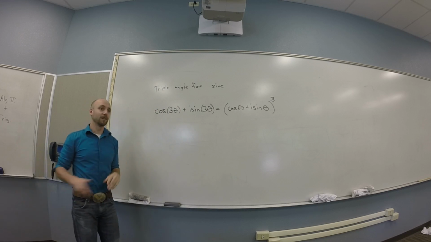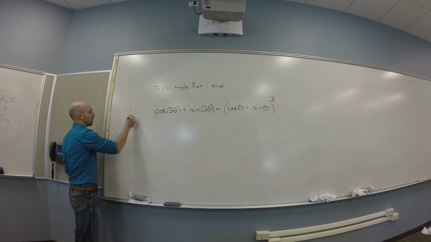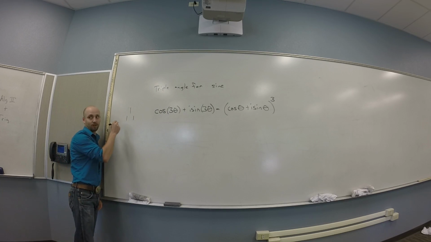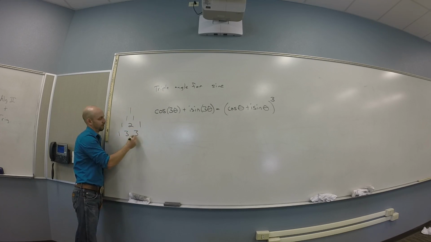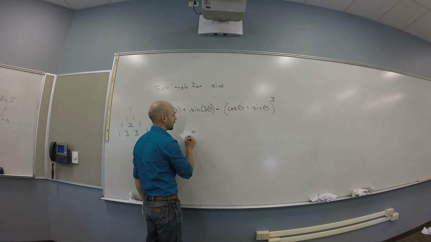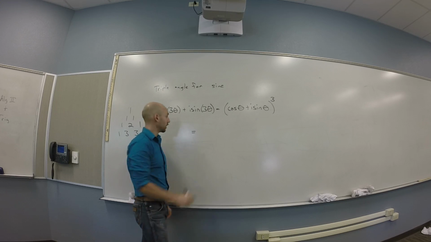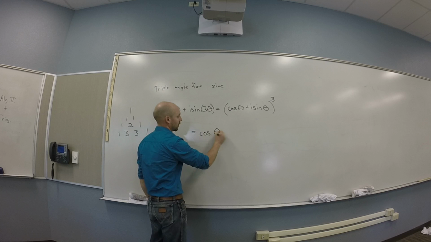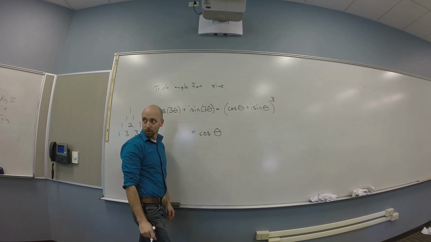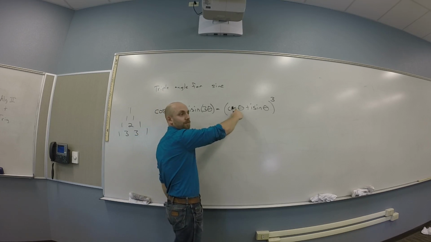Yeah, so I would definitely advise that you go trot out Pascal's triangle. So 1, 1, 1, 1, 2, 1, 1, 3, 3, 1. Okay, so that's going to help me multiply this out. So my first term is going to be what? Cosine. Cosine what theta? Cubed. Cubed, right? So that's the first times the first times the first.